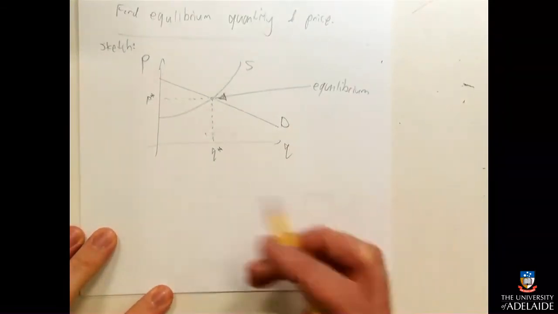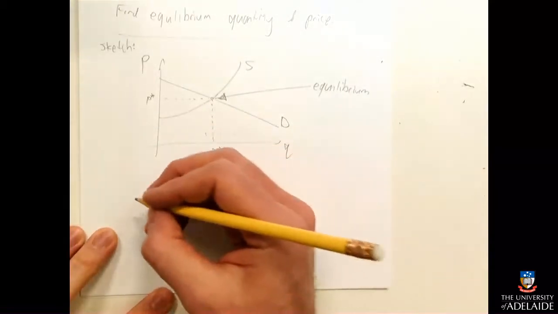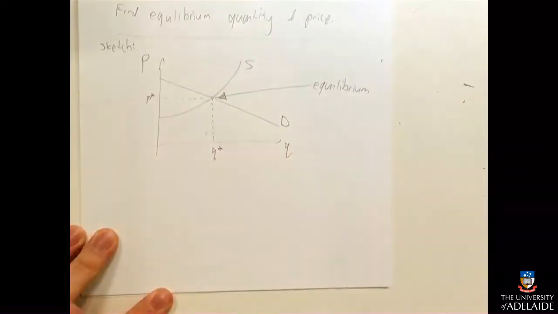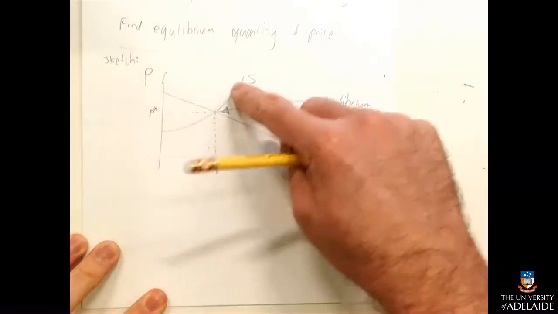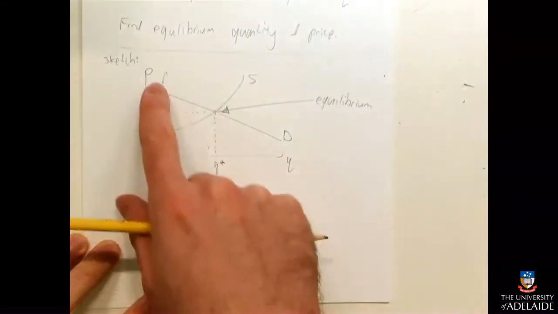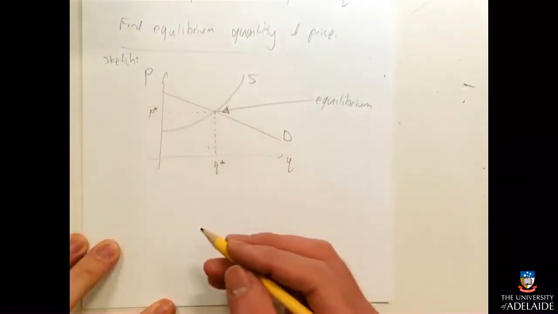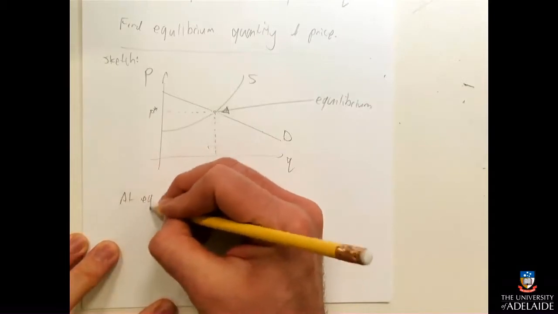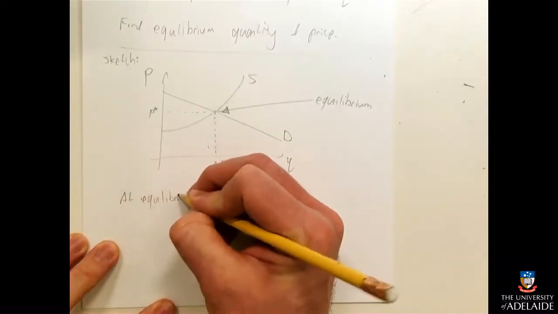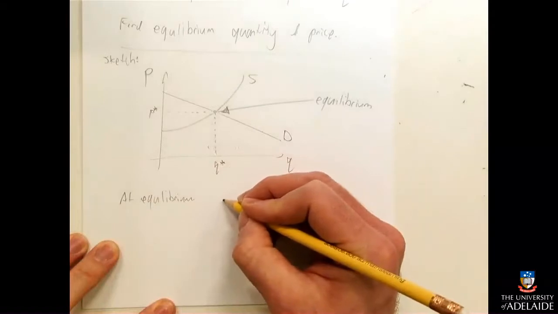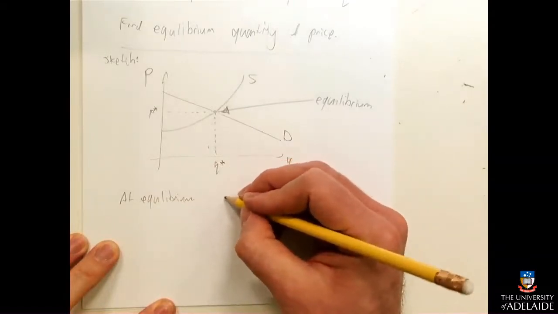Okay, so let's see. To find the equilibrium price, this curve has the same P and Q as this curve. So at equilibrium, we're going to have that the two P's are the same.